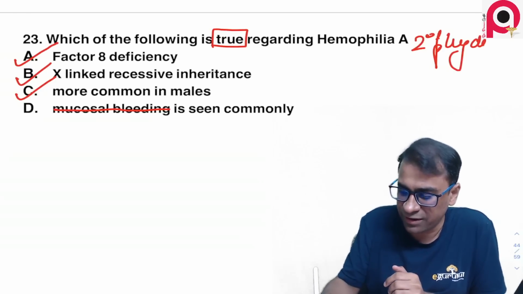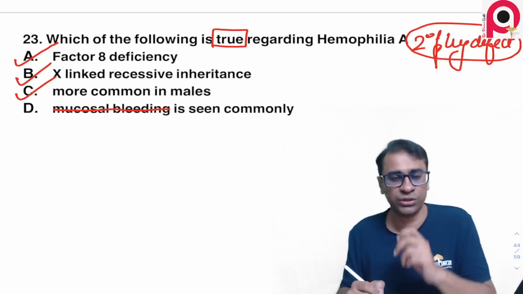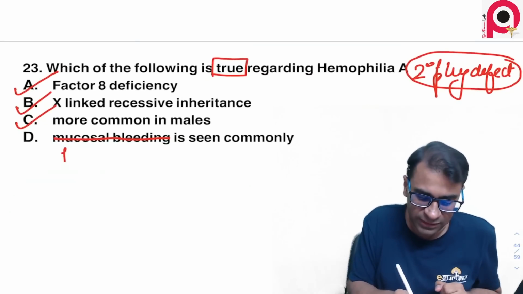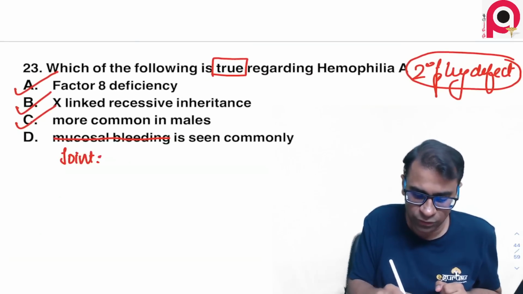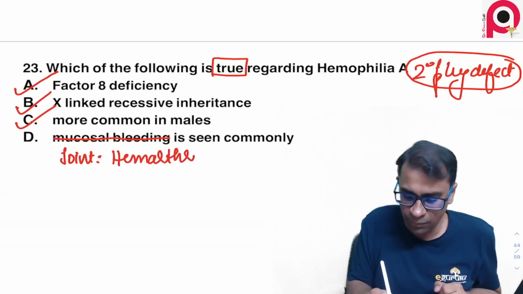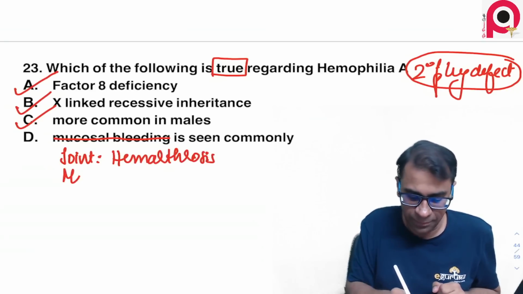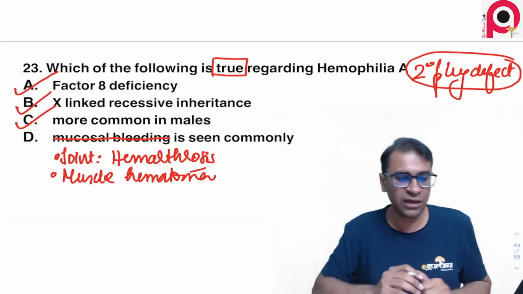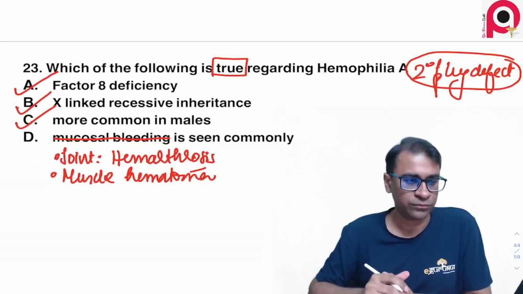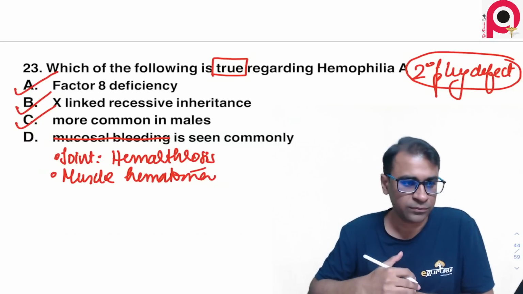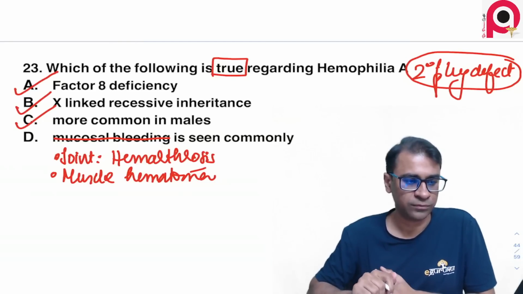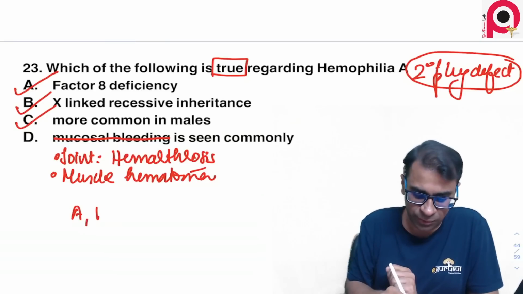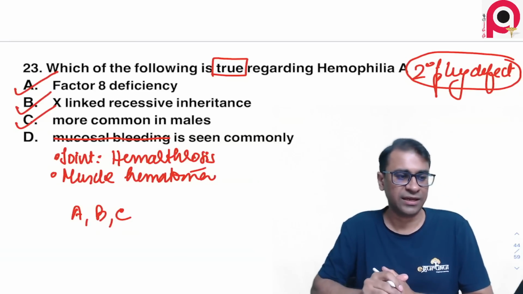Secondary plug defect presents with hemarthrosis in the joint and muscle hematoma. So it should be A, B, and C in this case.